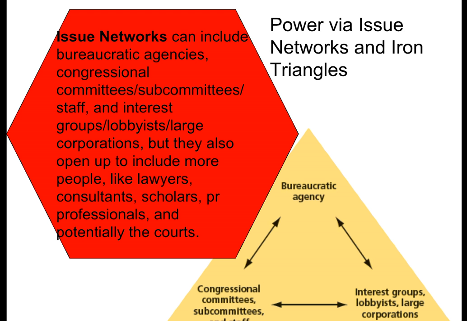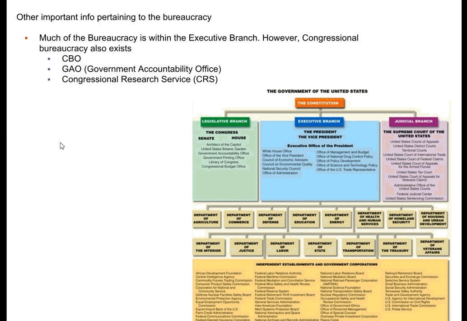Versus you've got other agencies and other commissions and other elements of the bureaucracy that are not part of an issue network, or they're not part of an iron triangle, or they're not in the spotlight, and they tend to have to fight and struggle just a little bit more for their piece of the pie or their ability to operate.